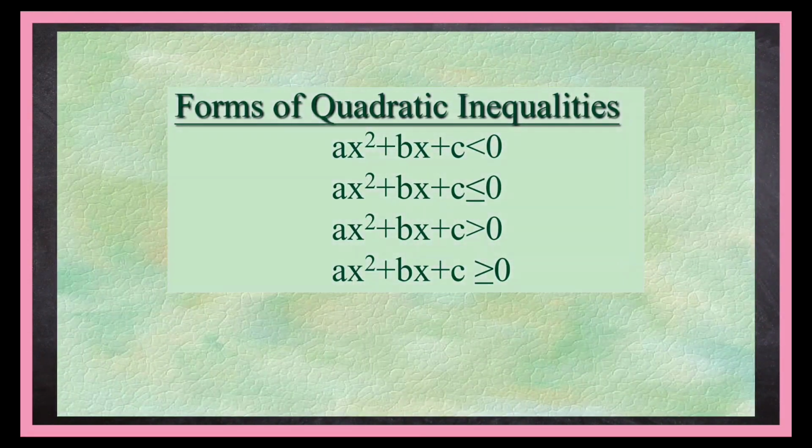We have ax squared plus bx plus c is less than 0. Second, ax squared plus bx plus c is less than or equal to 0. Third, ax squared plus bx plus c is greater than 0. Then the last one, ax squared plus bx plus c is greater than or equal to 0.